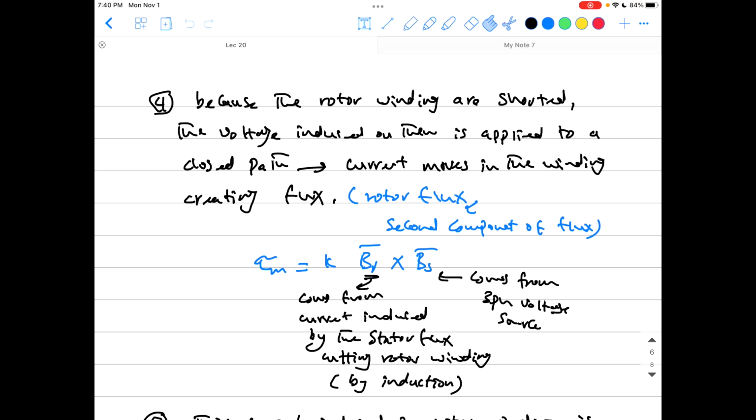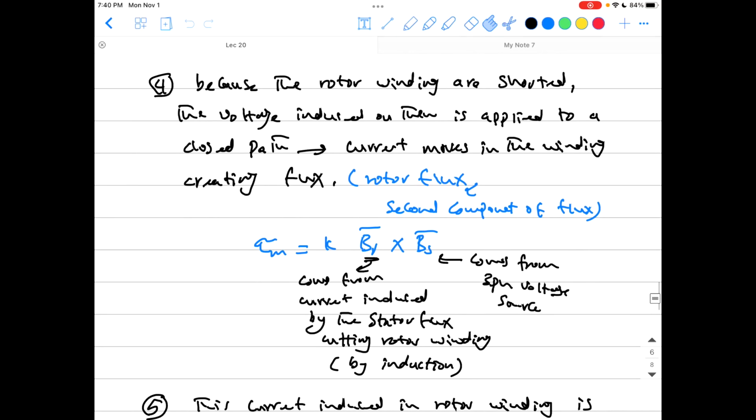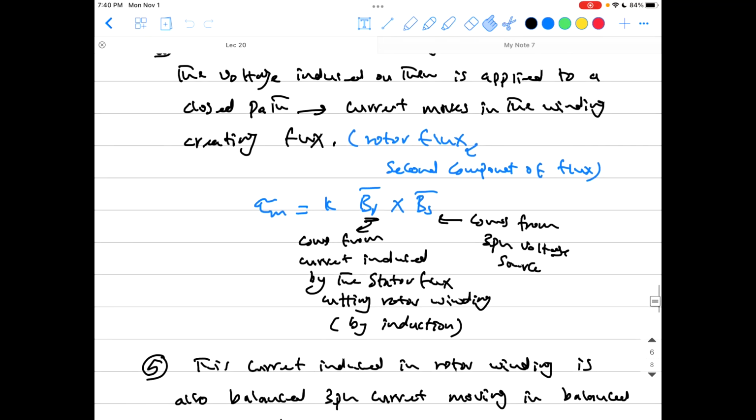So the rotor flux comes by induction from the stator flux, because its origin is the induced voltage in the rotor caused by the cutting of the magnetic field coming from the stator to the rotor winding. That's why we call it an induction machine, because the rotor flux comes by induction, and that's the second component of magnetic flux needed to create the torque. Like we said, the excitation torque generic equation is like we've seen here.